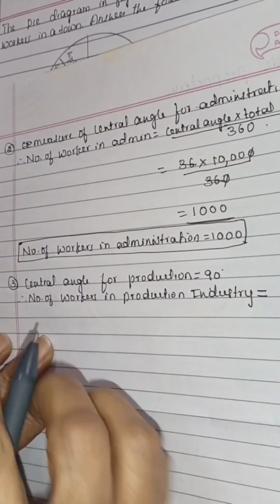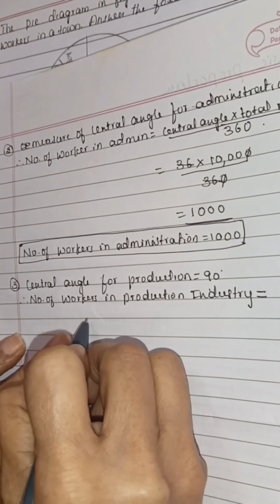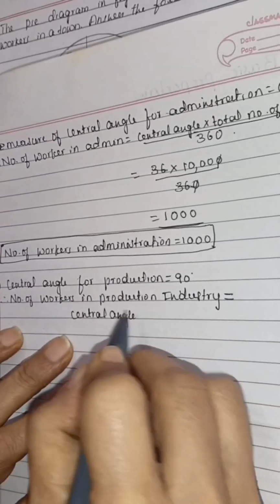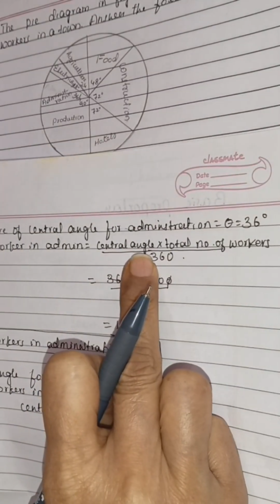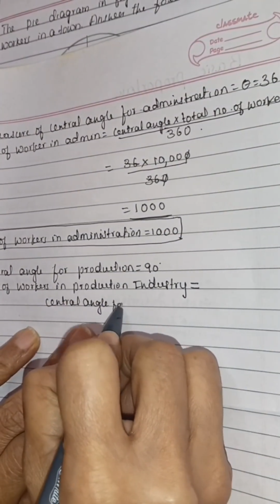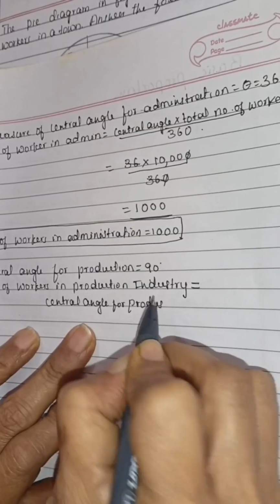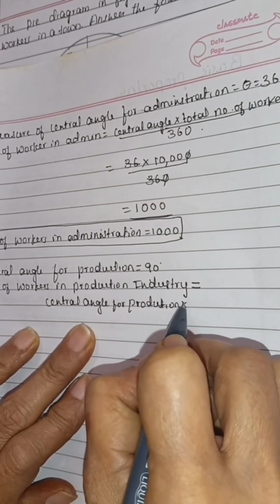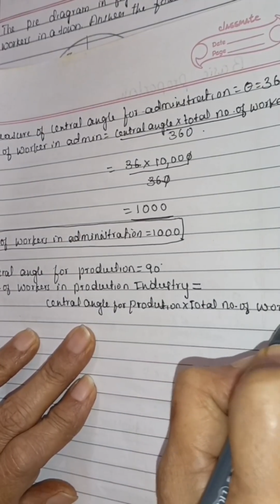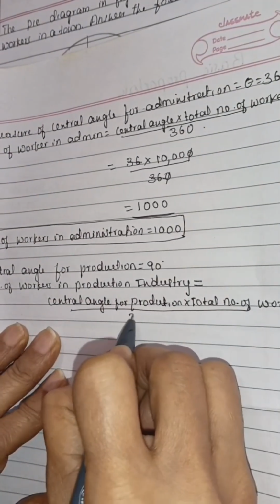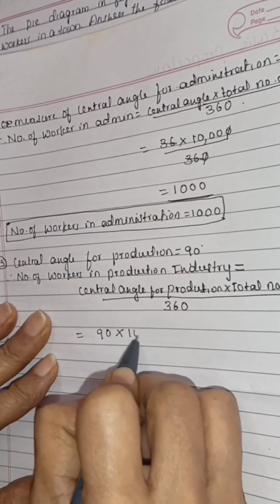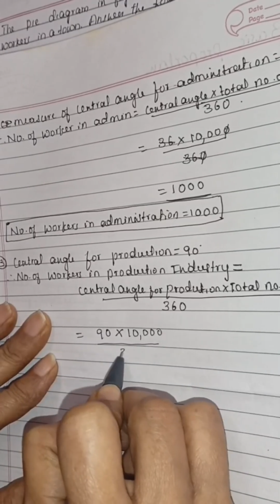That is the central angle for production, multiplied by the total number of workers, divided by 360. The central angle is 90 degree, multiplied by the total number, 10,000, divided by 360.